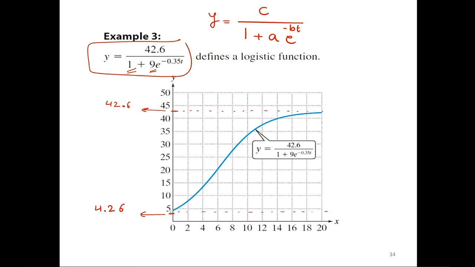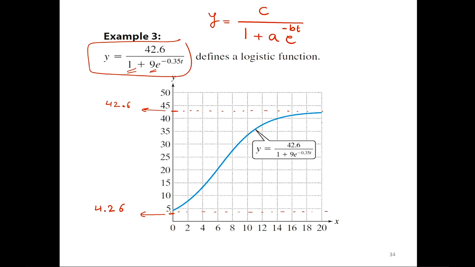Okay, and the B is the curve parameter. When we increase the B, we have a curve like this. If we make the B small, for example B equals 0.01, we have a curve like this.